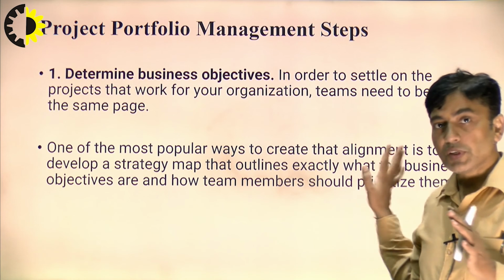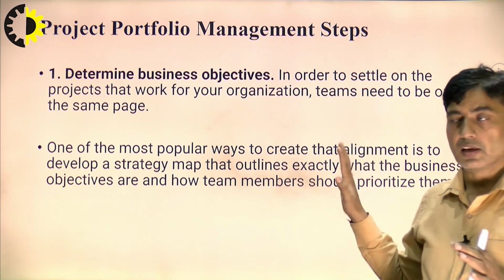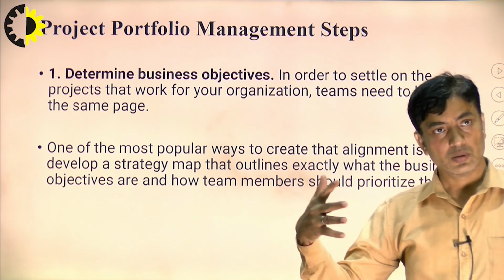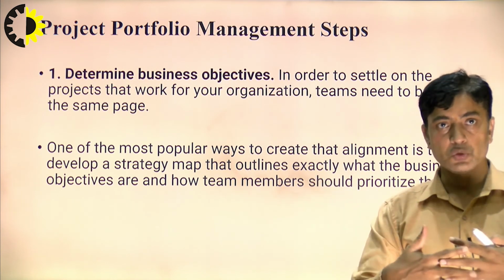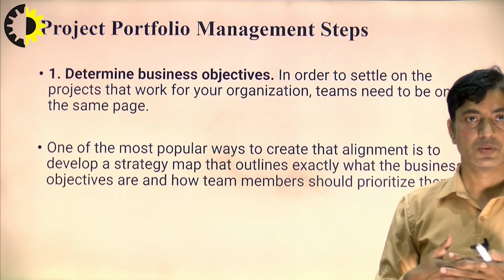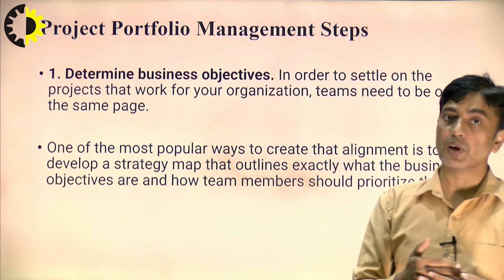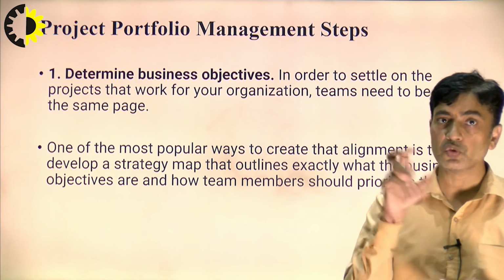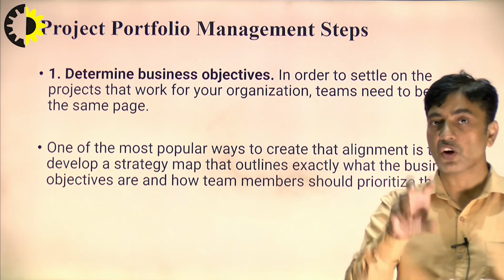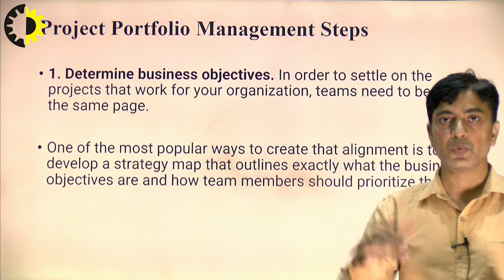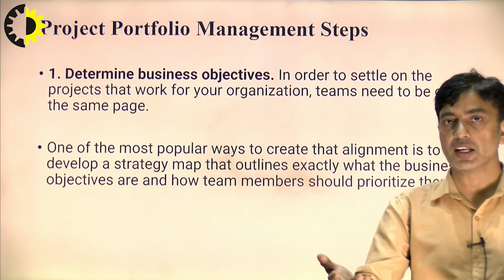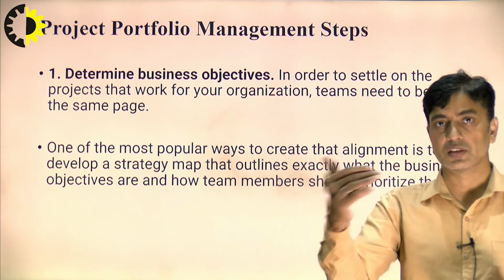That means in the first step you have to align your human resources with the objectives of your organization. Each and every member of your organization should have a clear picture of the business objective and the business interest of the organization with those projects.